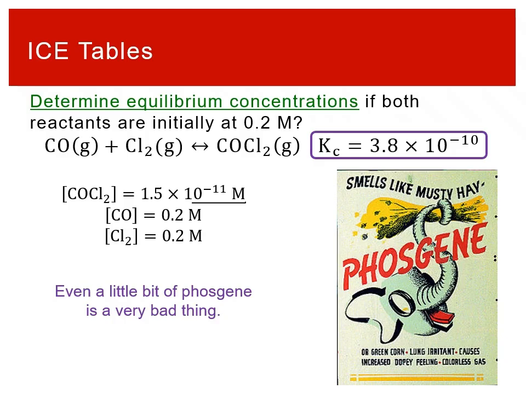You don't make a ton of COCl2. Almost all, out to many significant figures, your initial concentrations of reactant is totally unchanged. But it's important to note that you have made some product, and that product is dangerous. And so this is something that we really need to be mindful of.